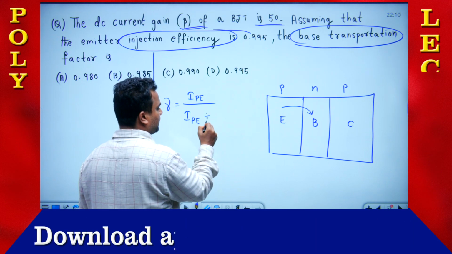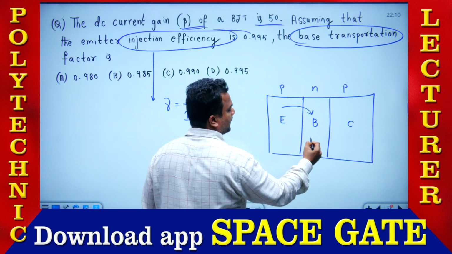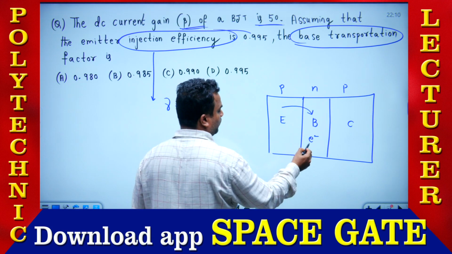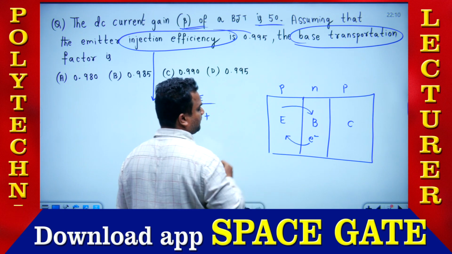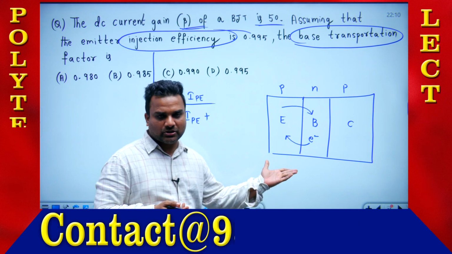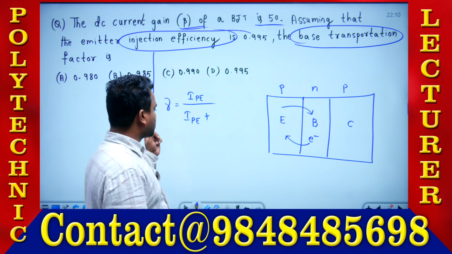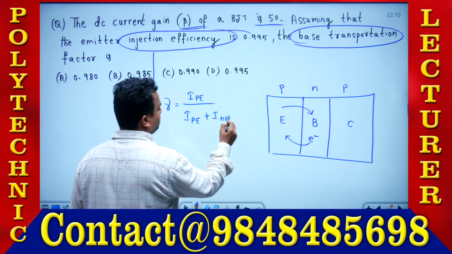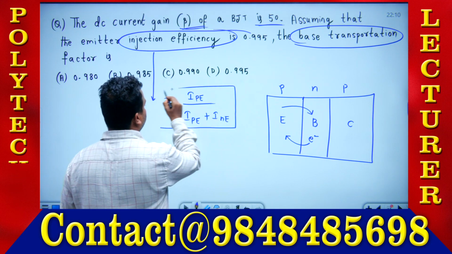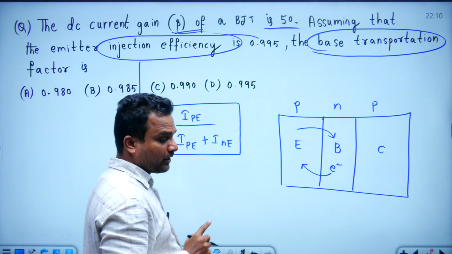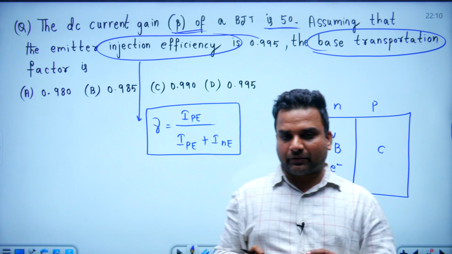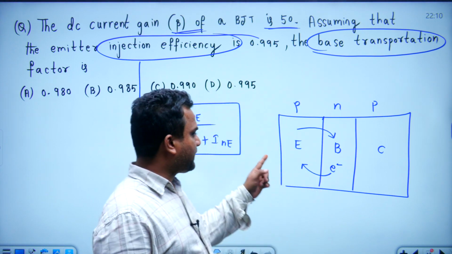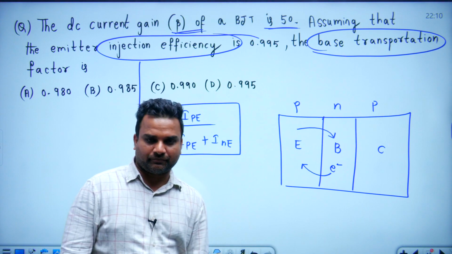In addition to the IPE, there are some electrons present in the n-type semiconductor as majority carriers. They move from the base to the emitter. That means they are crossing the junction only, right? So the emitter injection efficiency is IPE by INE plus IPE. This is the emitter injection efficiency. Guys, remember the INE, that electron diffusion current is very less, because the base is a lightly doped semiconductor.